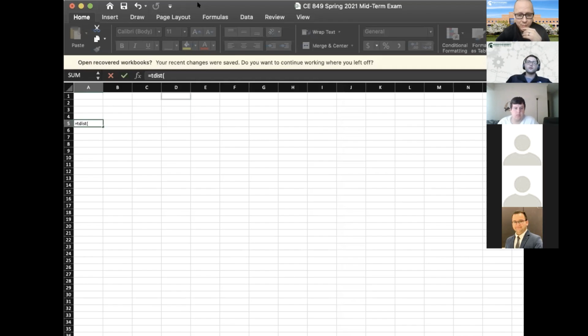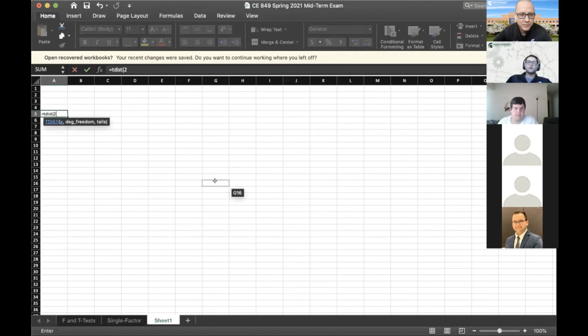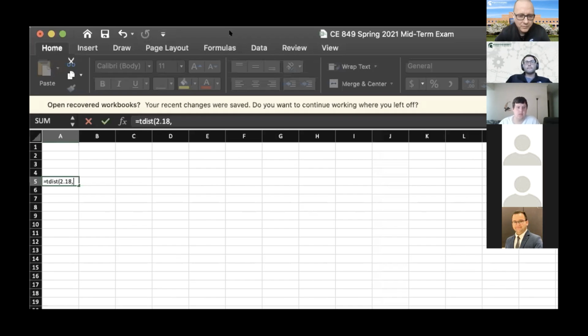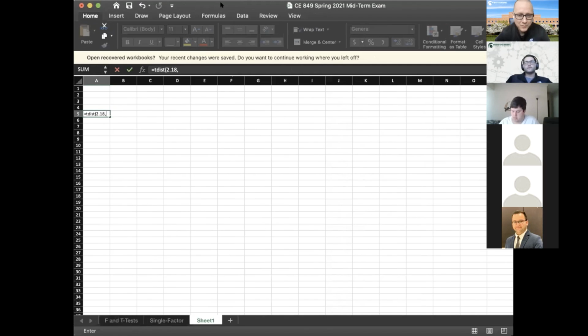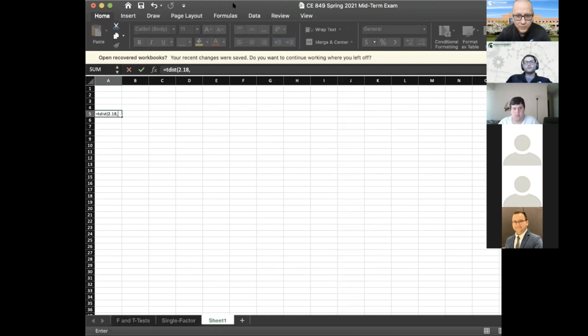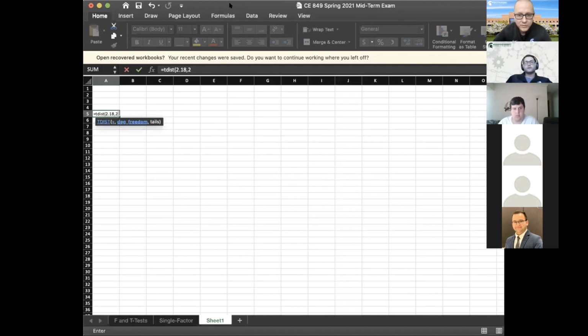As an example, if we type in 2.18, that critical value, and we say that we've got 12 degrees of freedom and it's two-tailed, that's basically corresponding to that 0.05 number we saw, right?